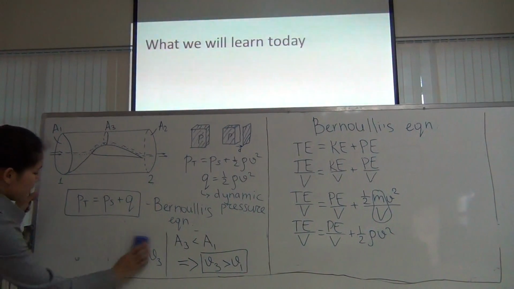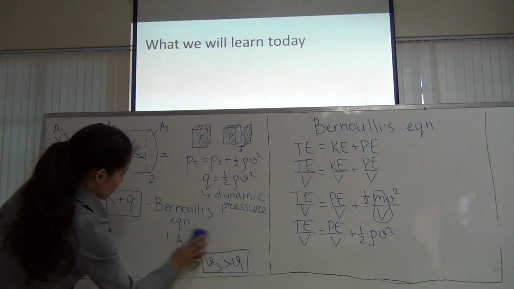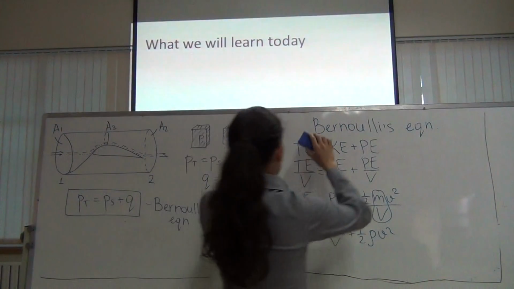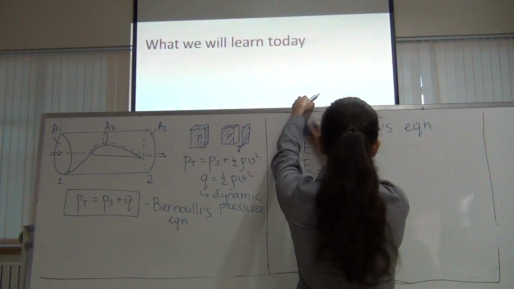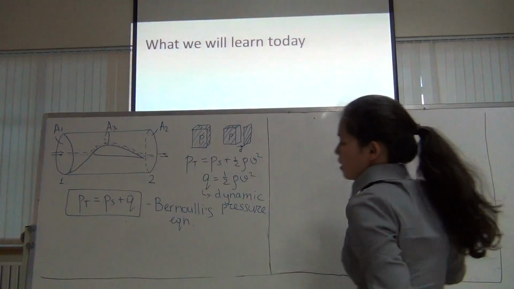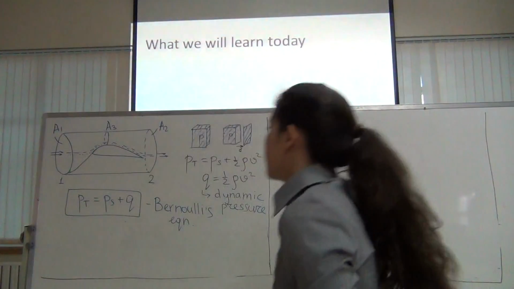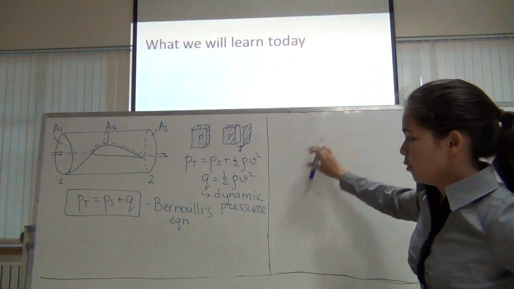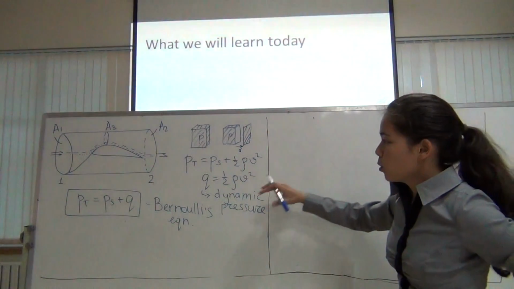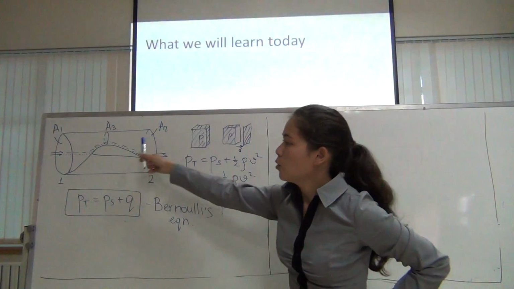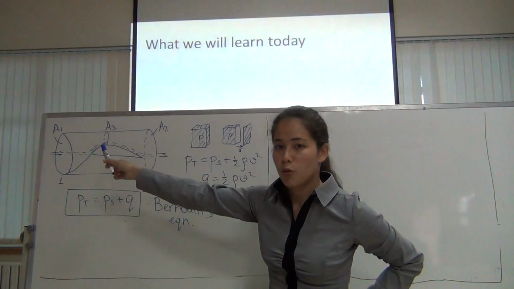Now let's apply this equation to our wind tunnel. Let me erase it here. So for inlet 1, if we apply Bernoulli's equation, we will get total pressure should be equal everywhere inside the wind tunnel.